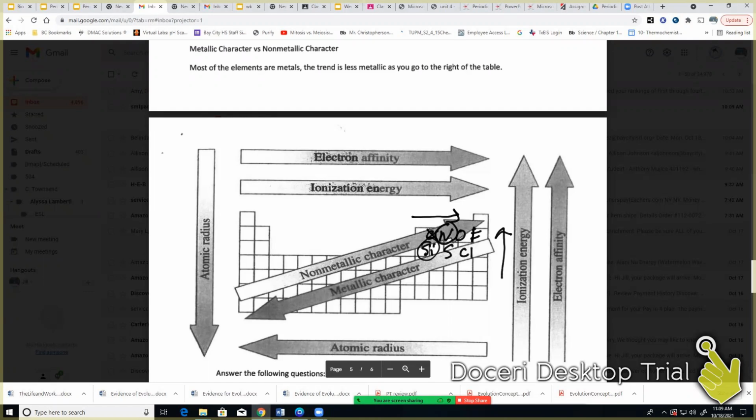All right, so what time do we get out of here? Pretty quick. Okay, so the practice, like I said, the one with the answers is the practice. The other one hopefully will make a little bit more sense to you. It's just a way of coming up with a little cheat sheet where you do the trends over the main elements. It's not going to have every transition metal in it.